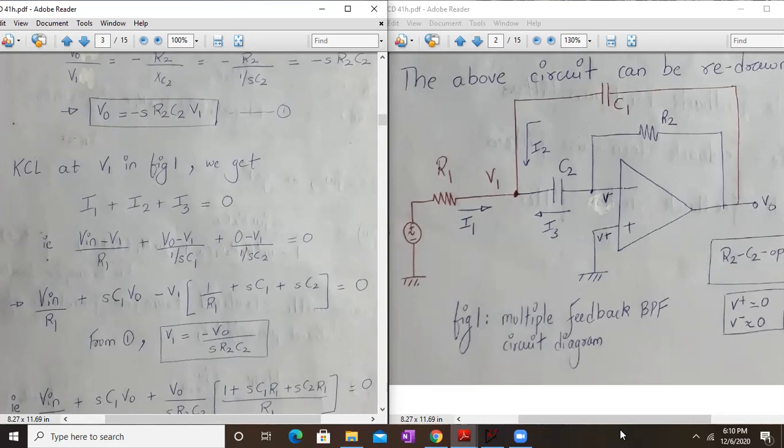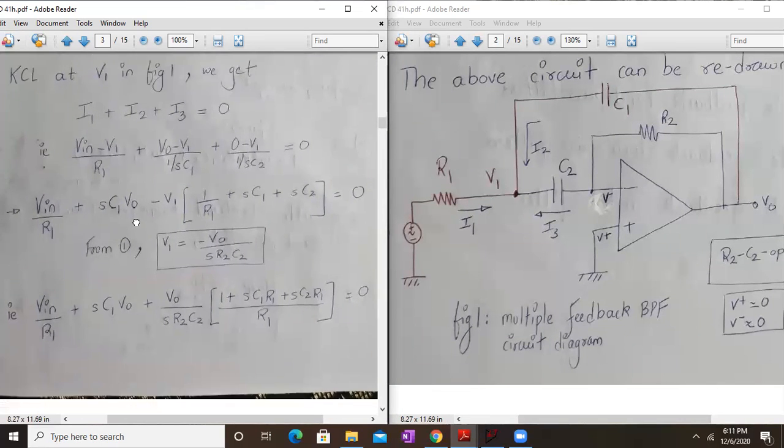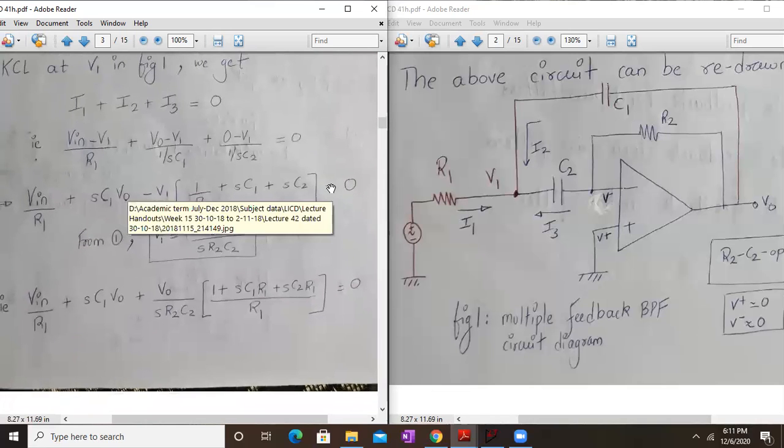And what is I3? It is V minus minus V1 upon 1 upon SC2. Actually V minus is 0 because of virtual ground. Here we rearrange the terms, and we separate out the terms of V in, and all the rest of the terms we keep on the other side. We collect the terms for V1 and the terms for V0. Next, from equation number 1, wherever there is a V1, we substitute V1 equal to minus V0 over S R2 C2.